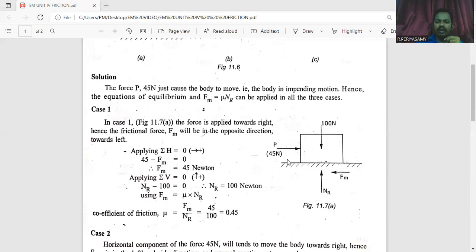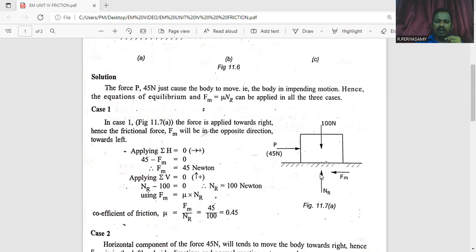Next, we find the sum of vertical components equal to 0. Here we consider 100 Newton, which is one vertical component, and the normal reaction force in the upward direction, which is the other vertical component. The weight of 100 Newton acts in the downward direction, so it is considered a negative sign.